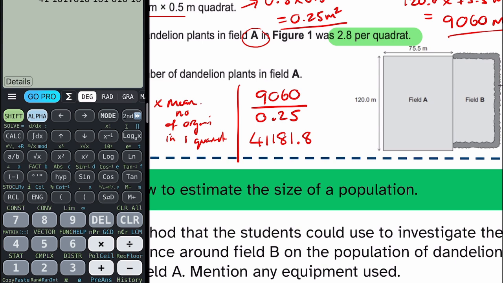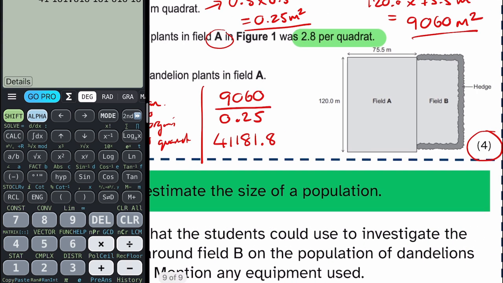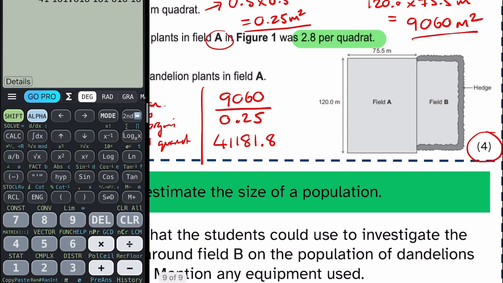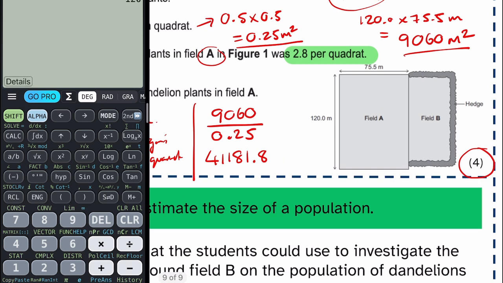And we're going to multiply that by the mean. Now, this is the point where I would just be checking my answer, because that's a very funny number. Normally in exams, it all comes up, so I will just use that as an opportunity to check it again. 120.0 times 75.5. Yeah, that's definitely what we got. And divide that by 0.25. Yeah, so that's what they're wanting.